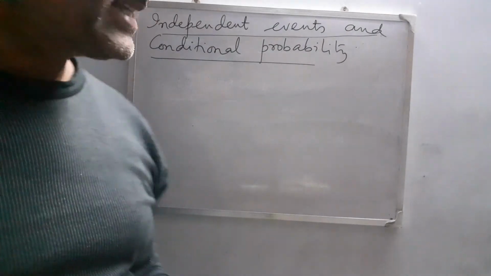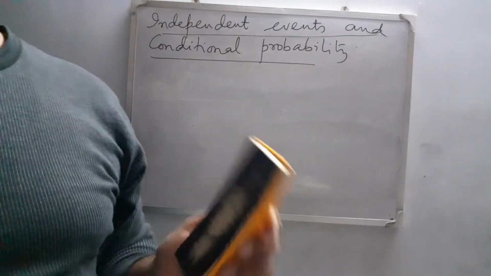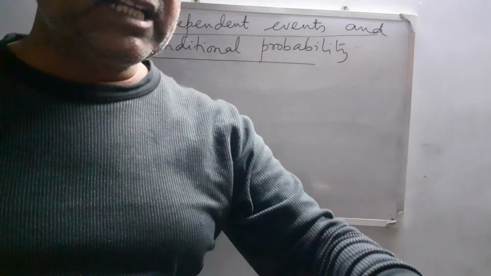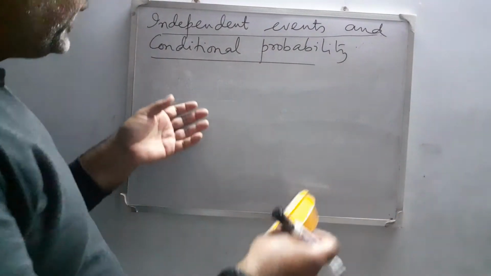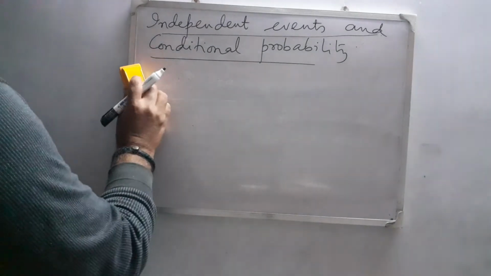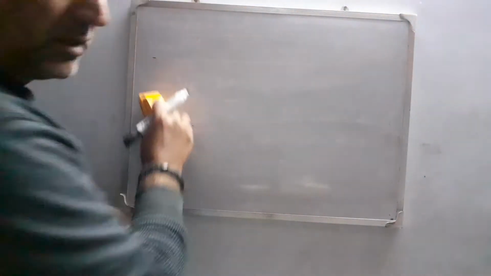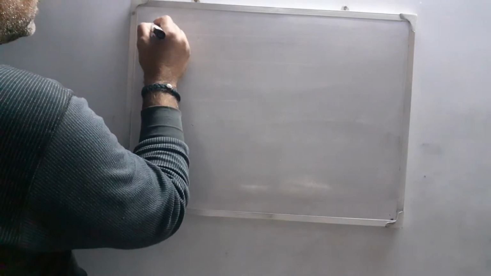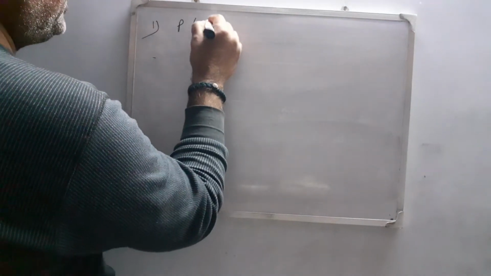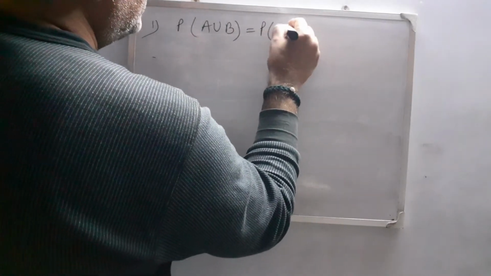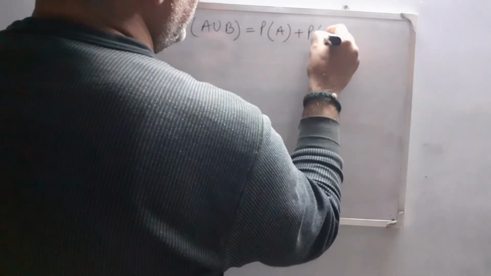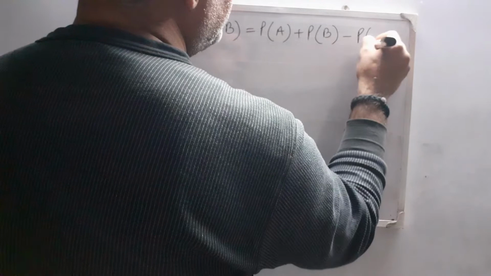Before discussing conditional probability and independent events, I will explain a few formulae which we have used already in class 11. Number 1, P(A union B) is equal to P(A) plus P(B) minus P(A intersection B).